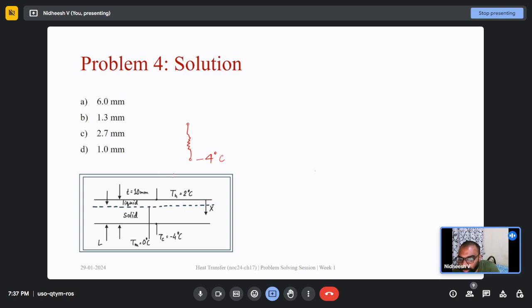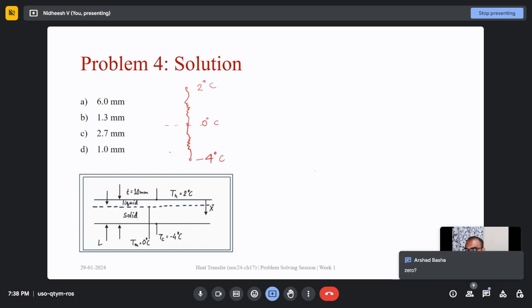Then there is this dashed interface, which is at 0 degrees Celsius, right? Above that there is a liquid film, and after that we have 2 degrees Celsius. This problem is reduced to a simple thermal resistance problem. Can someone say what is the resistance in this part, between -4 degrees Celsius and 0 degrees Celsius?